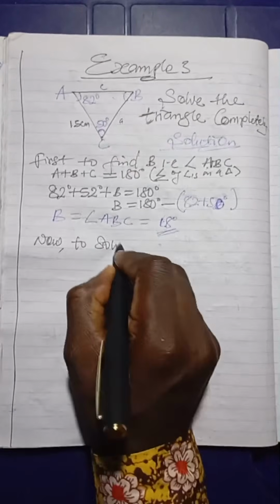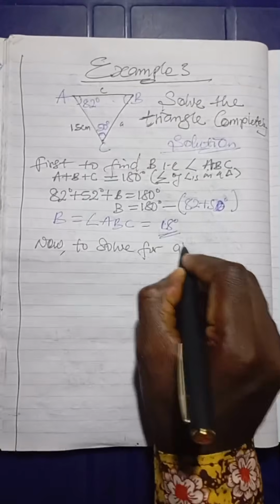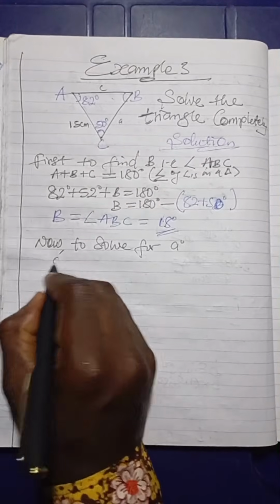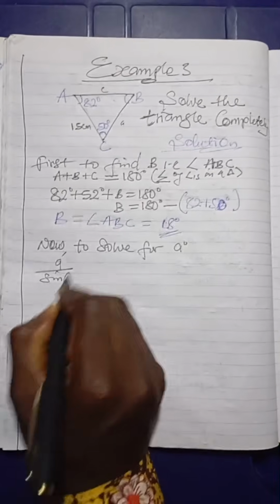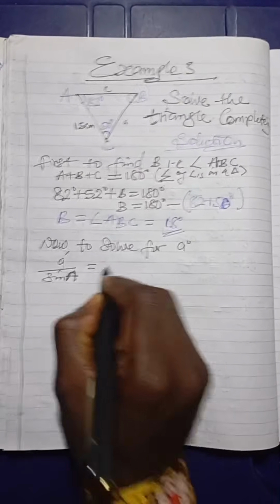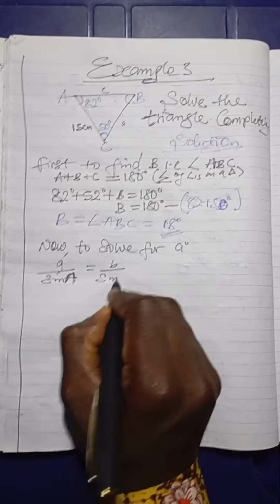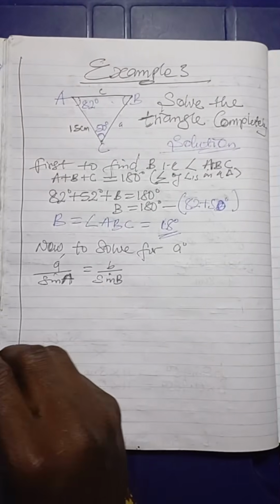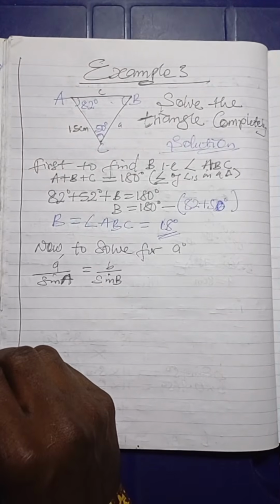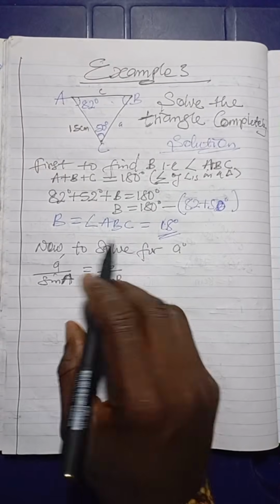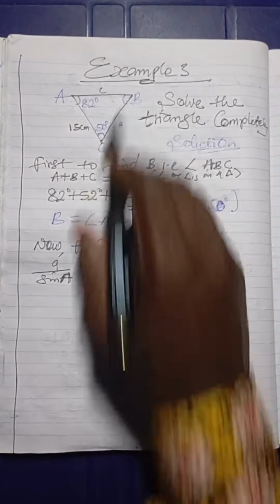To solve for a, I will have a over sine big A is equal to b over sine big B. I hope B is complete. Yes, we have found B here.